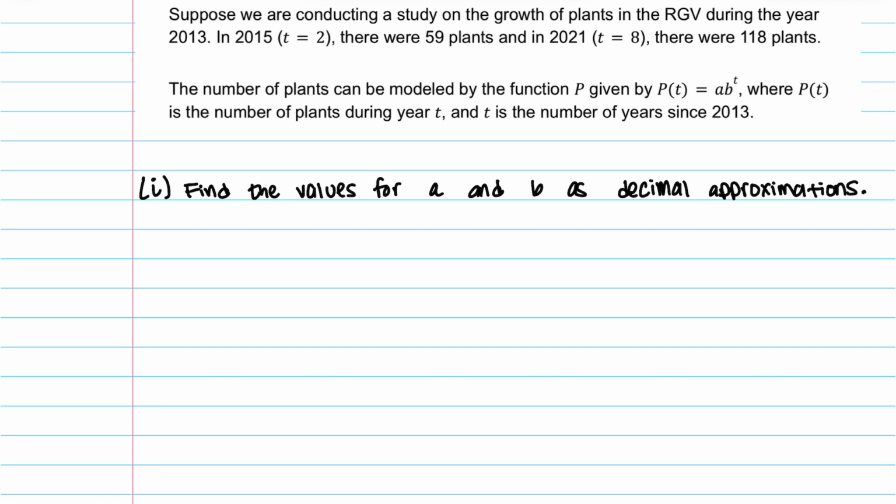Now, for our first part, we want to find the values for a and b as decimal approximations for our function p of t.